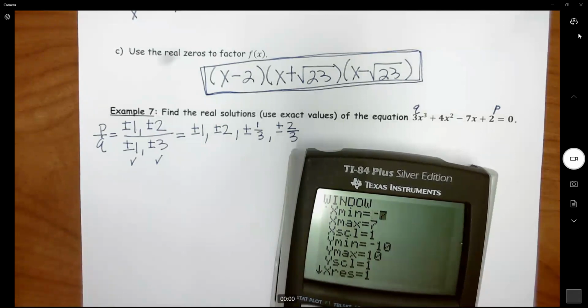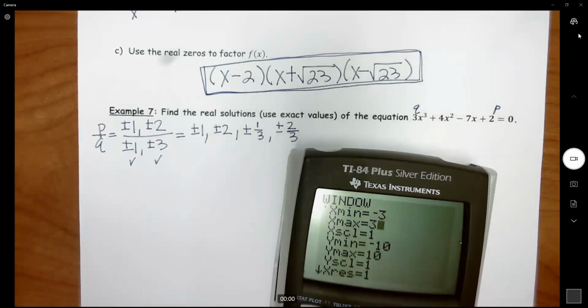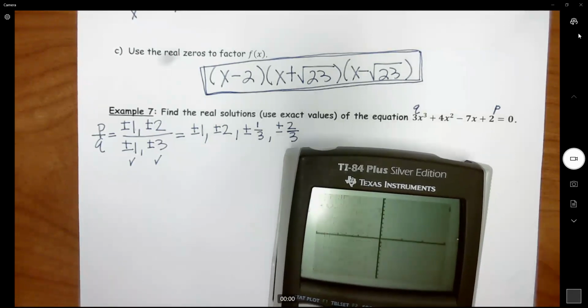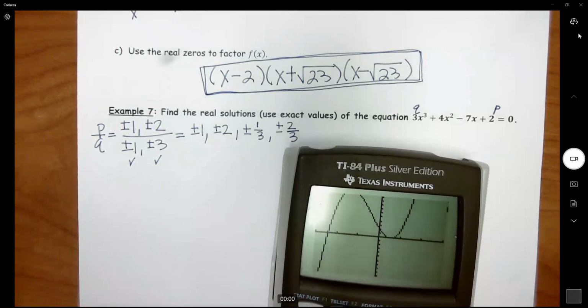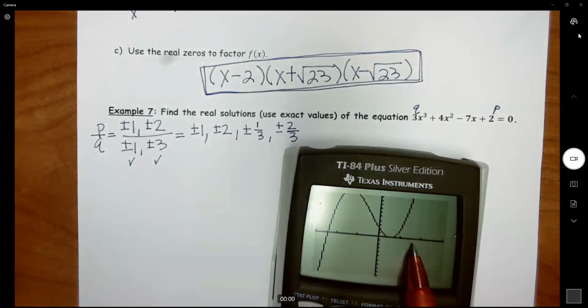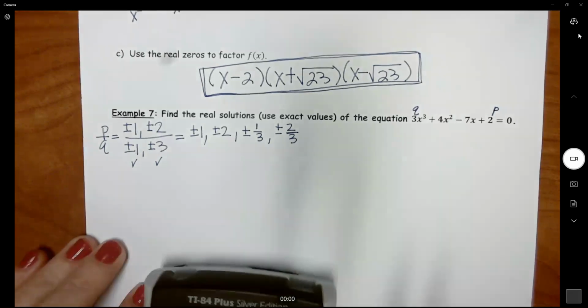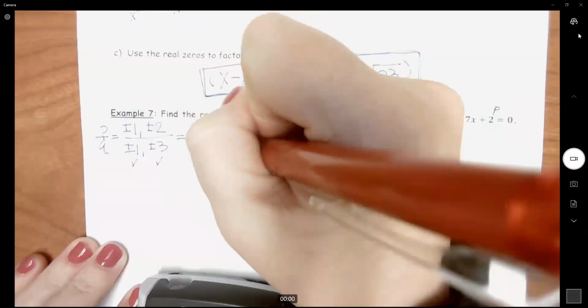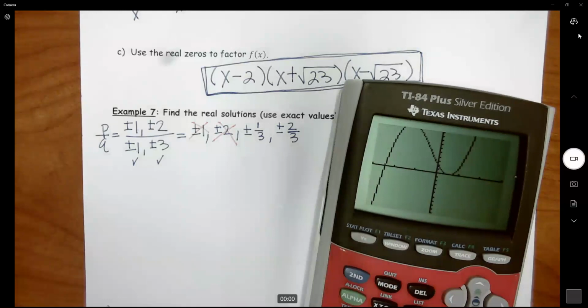So I'm going to go -3 to 3 and graph. All right, the easy ones that it could be would be the whole numbers. Well, it's not crossing at 1 or 2 or -1 or -2 here. So I know it's not either of these. So hopefully it's one of these fractions.